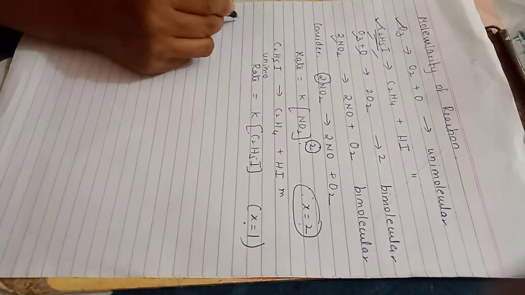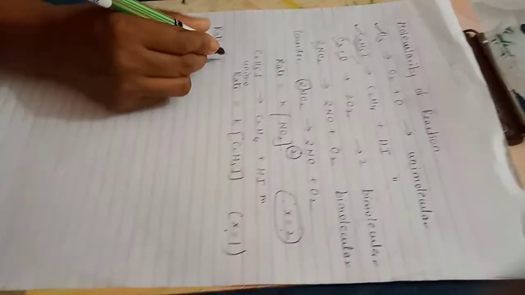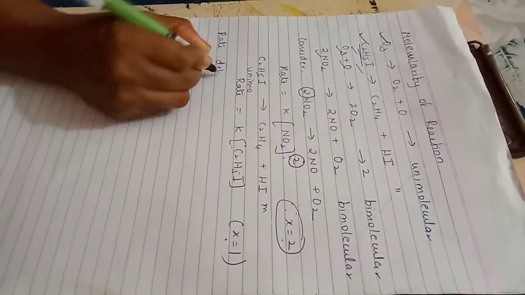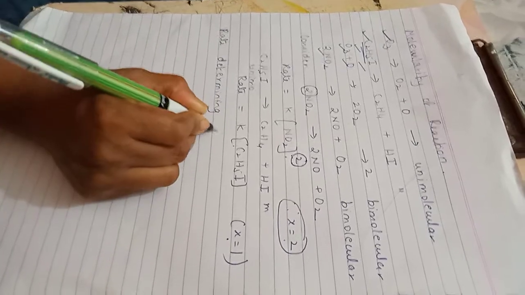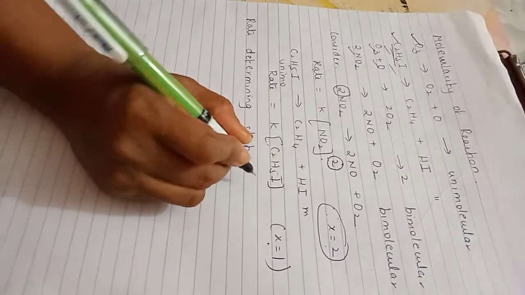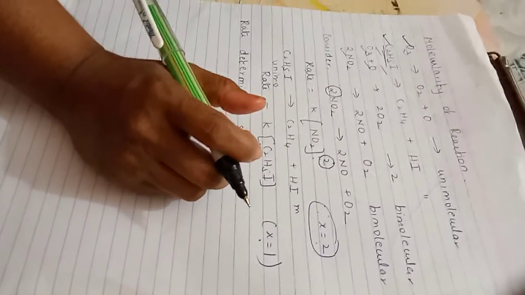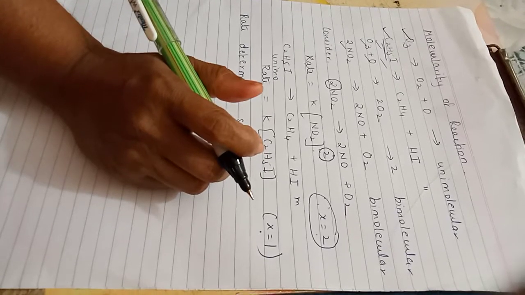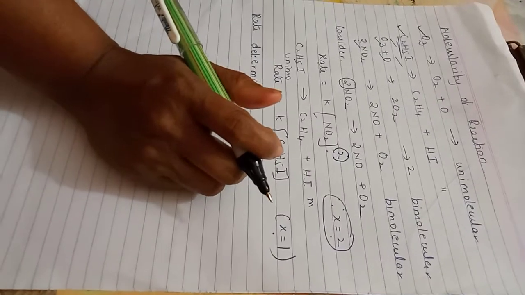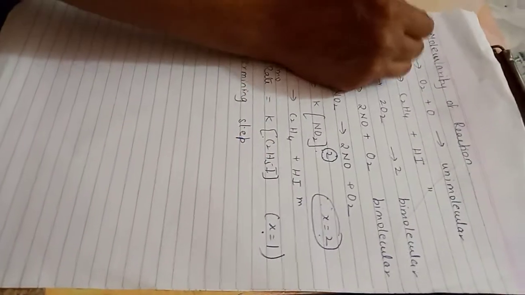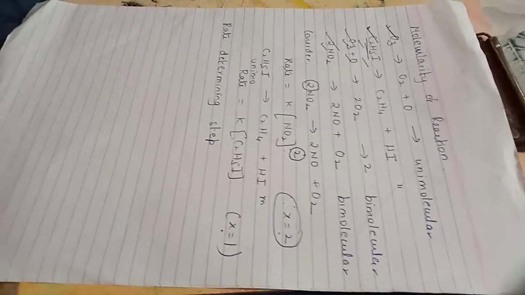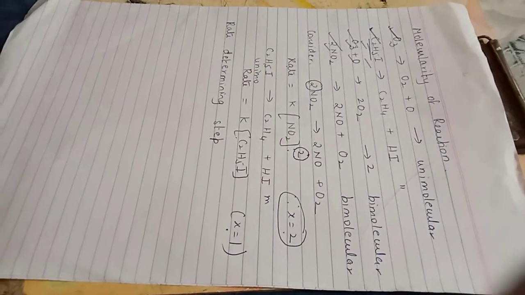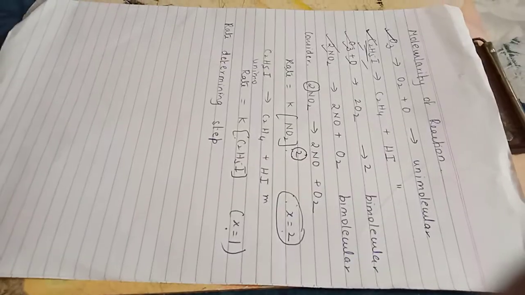Are you okay? Next, we will discuss something called the rate determining step. Reactions are basically of two types: elementary reactions and complex reactions. The reactions which I have written are all elementary reactions, meaning they take place in a single step.